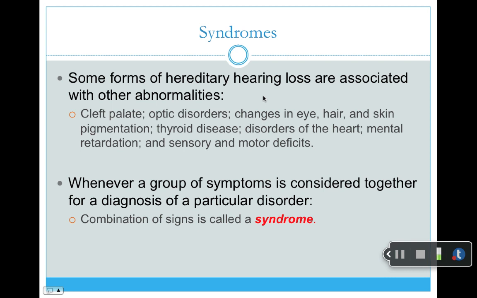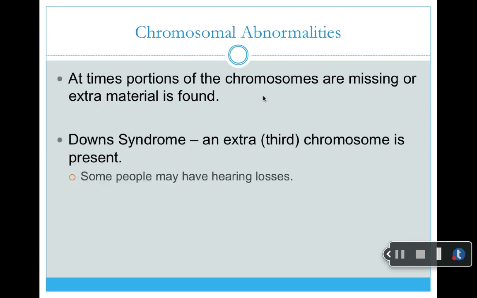So there are some forms of hereditary hearing loss that are associated with other abnormalities: cleft palate, optic disorders, changes in the eyes, the hair, the skin, pigmentation, thyroid, disorders of the heart, mental retardation, and sensory and motor deficits. There are chromosomal abnormalities that might be associated with hearing loss.